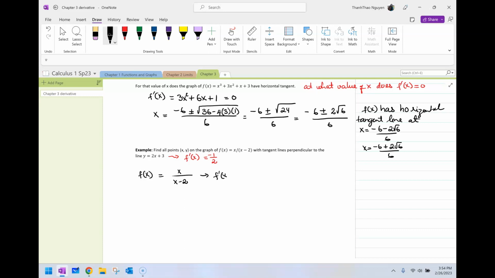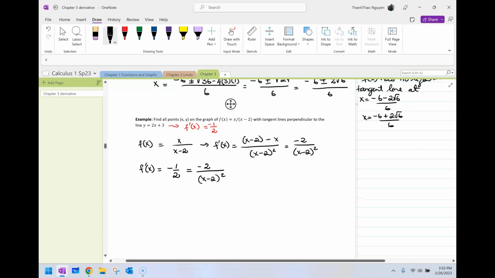So then f prime of x equals, and we want f prime of x to equal negative a half. So we solve this equation.